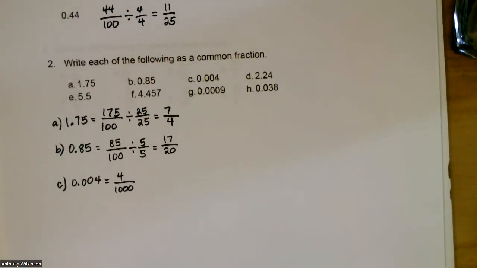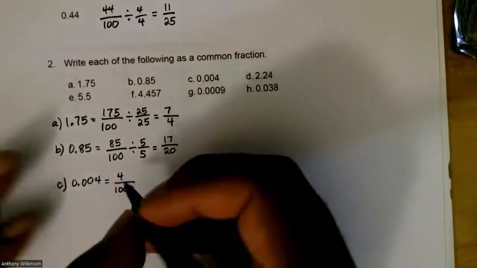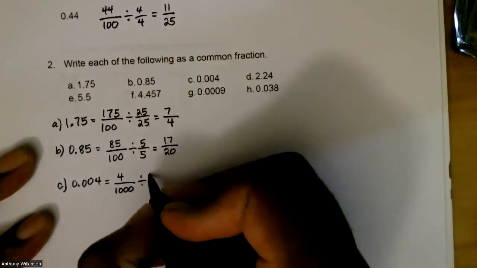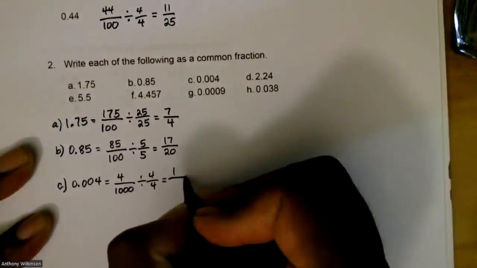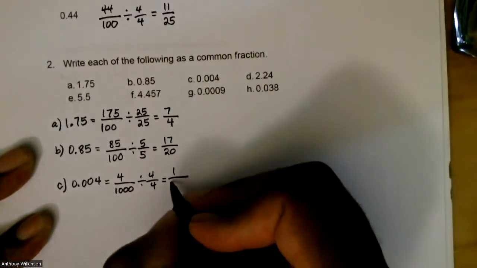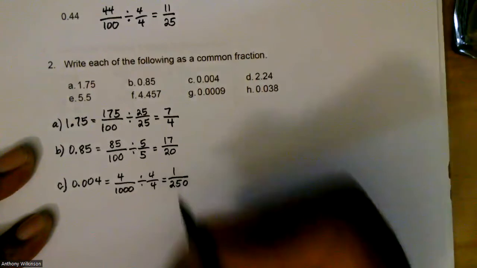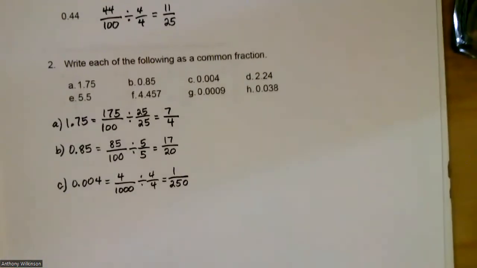And I know 4 and 1,000 are multiples of 4, so let's divide the numerator and the denominator by 4. 4 goes into itself 1 time. 4 goes into 1,000 250 times. So 0.004 in simplest form as a fraction is 1 over 250.